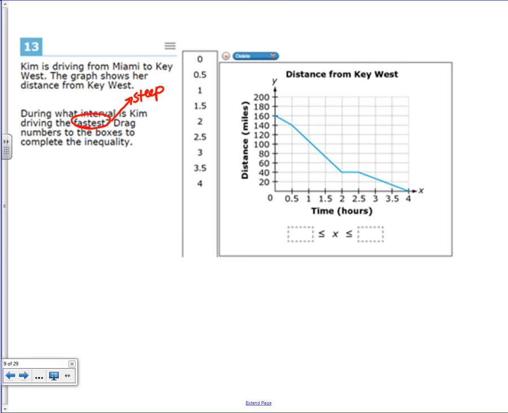Well, this looks steepest to me from there to there. This is a compound inequality. The x is going to be between those two numbers. So what two numbers would Kim have to be between to be driving her fastest? Well, we're between 0.5 hours and 2 hours. So you would be dragging those into the appropriate boxes.